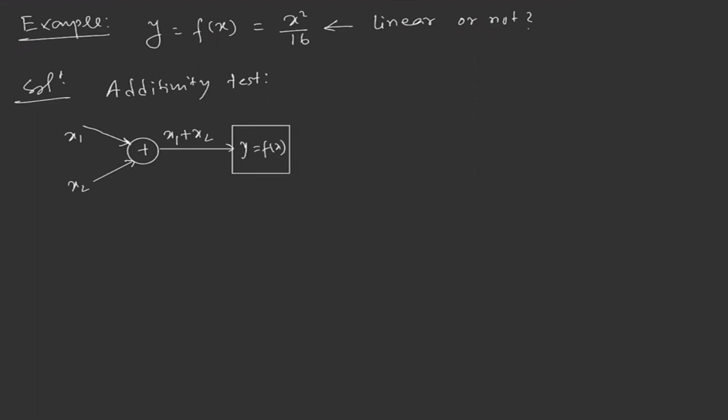And the output from this block we can write f of (x1 plus x2) equal to (x1 plus x2) squared divided by 16. And in the other case, we'll apply the inputs individually to the system, so we have the system f of x.